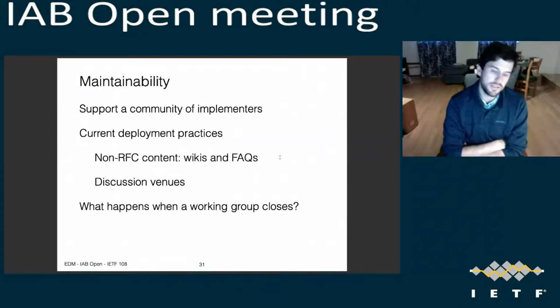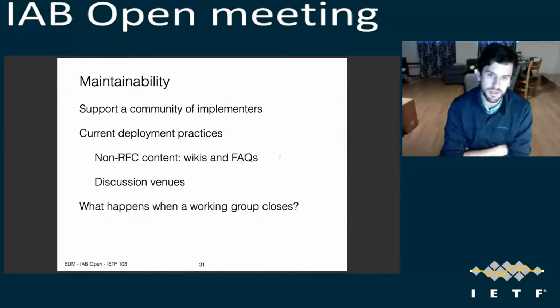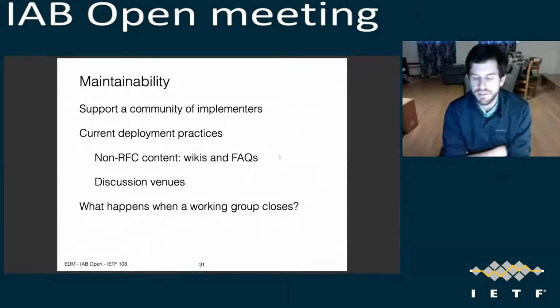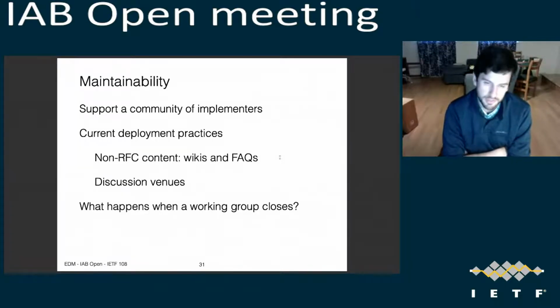A lot of this doesn't necessarily need to be done in terms of RFC content. Some of it certainly can be, but oftentimes it's more appropriate to have wikis or FAQs. These are things that could be viewed as living documents, but they don't have to be even that formal. But having a place where people know to talk about a given protocol and given issues would be useful.